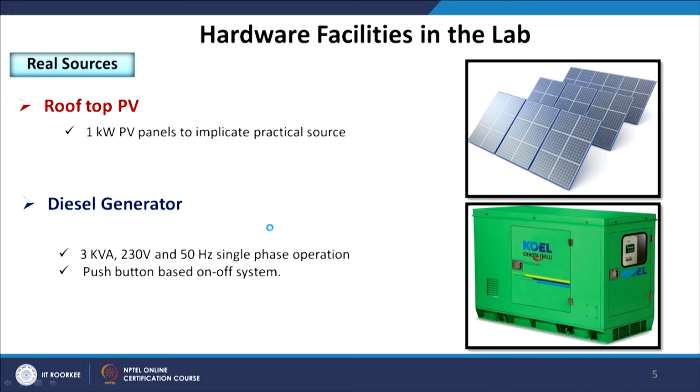So, the sources are as high as 4 kilowatt of PV, 2.2 for wind, 1 for rooftop and 3 for diesel. So close to 10 kilowatt of source has been connected to the test bed.